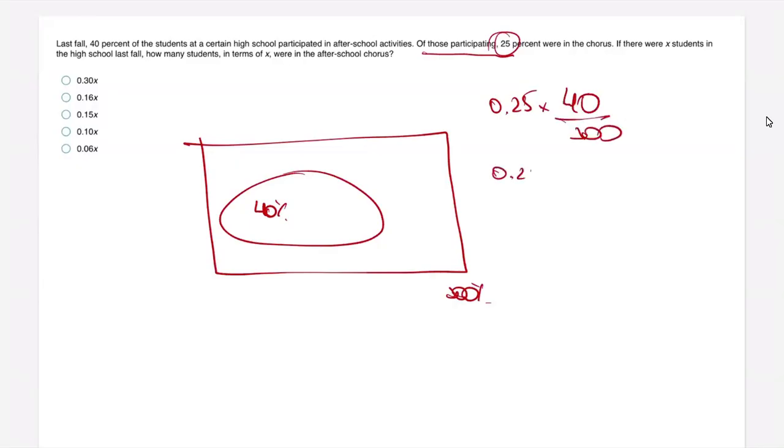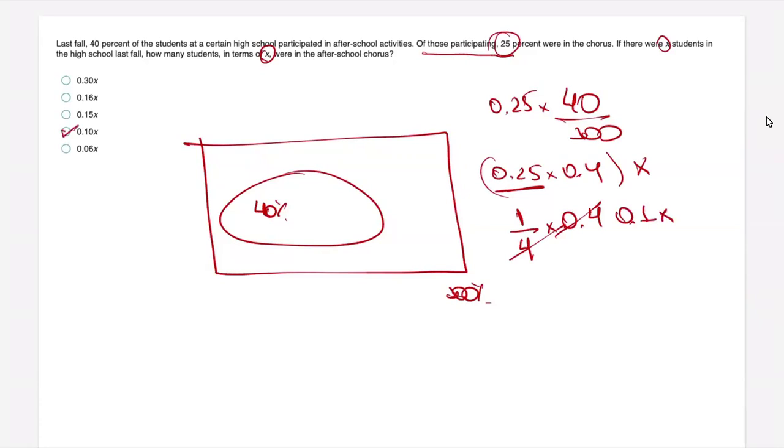Okay, so 0.25 of 0.4 of the total that he will call X. If there are X students, okay, memorize 0.25 is 1 over 4. So it's 0.1x. Easy?